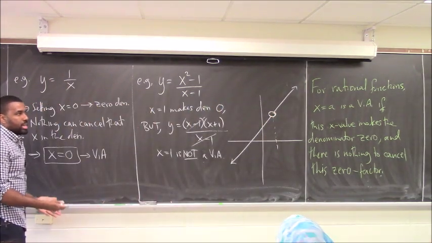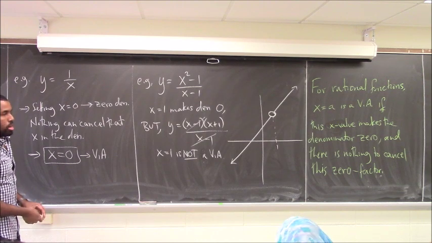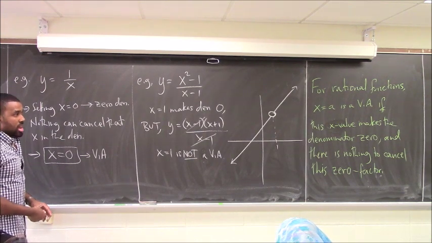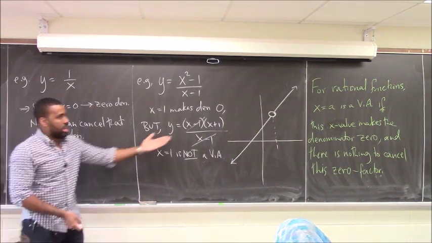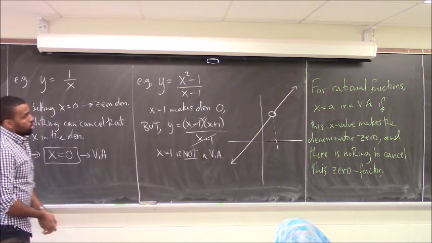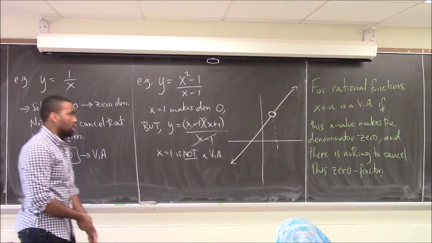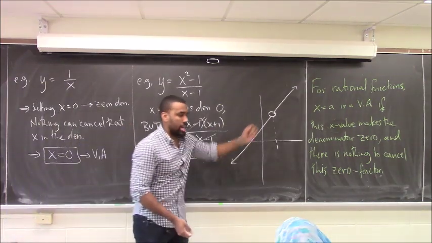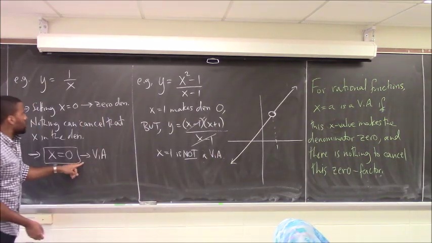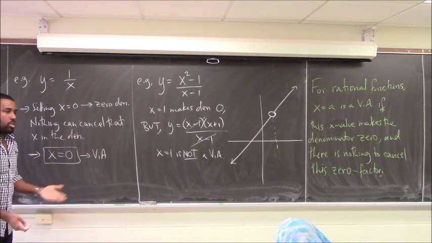So at that point, we can't actually compute the output of the function, but anywhere else, the function behaves like a straight line. Right? So whenever you can cancel away the problem in the denominator, it causes a hole as opposed to an asymptote. Asymptotes occur when you can't actually cancel.